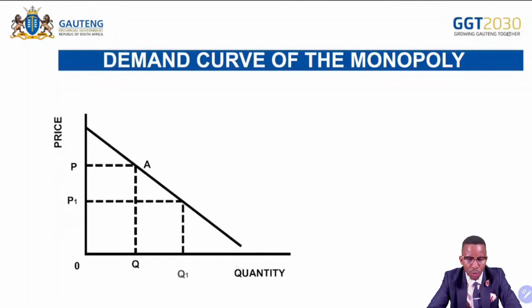This simply tells you that if the monopolist is willing to sell an extra unit, it will have to lower its price from P to P1, and then the quantity demanded will increase. However, the demand curve is relatively inelastic, unlike the one for monopolistic competition, which will be discussed again next week, where we'll be comparing these two demand curves.